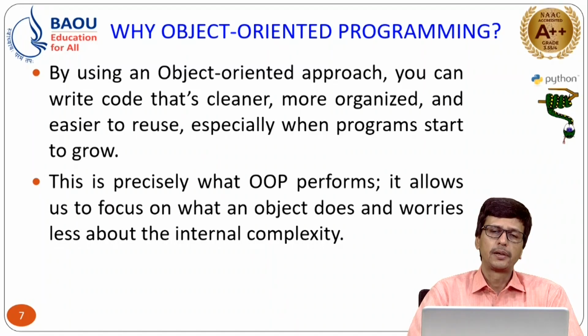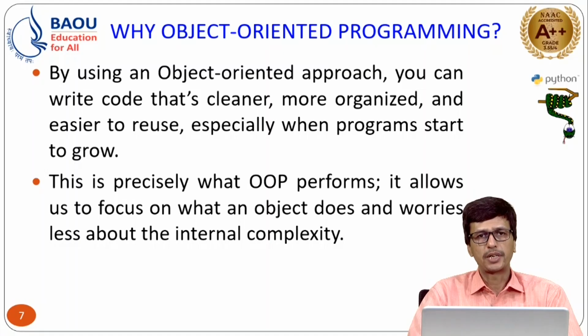Because if you are creating classes and objects for a smaller task, the execution time will increase. In that case, functional or procedural programming is better compared to object-oriented, right? So if you want to take the benefit of both programming paradigms, procedural as well as object-oriented, Python supports both. If you are not required to create objects and classes, you can follow the procedural approach, the function approach that is supported in Python.